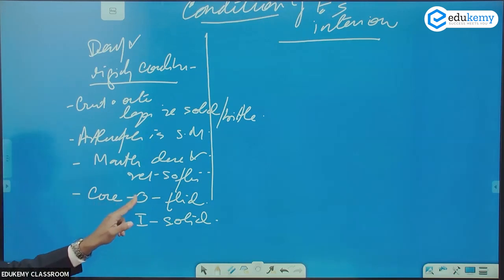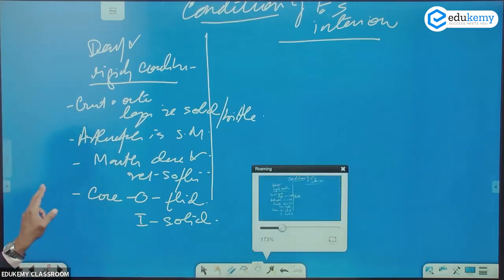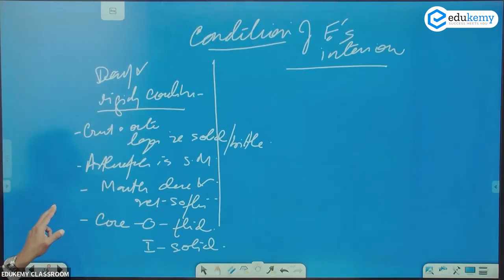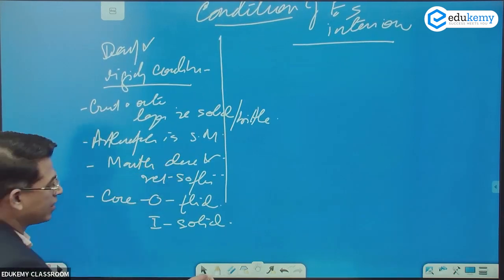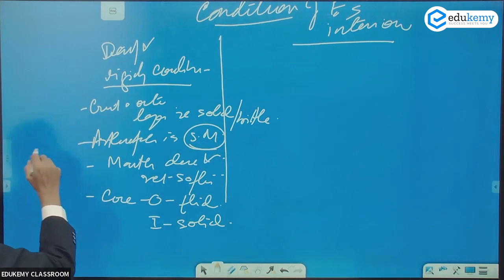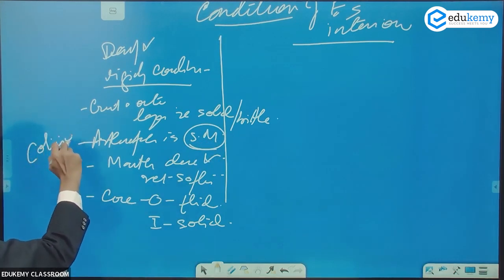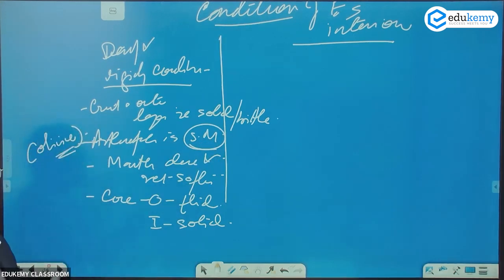And the core, outer jo hai fluid hai, the inner is solid. Likh liya aap logon ne? The conditions of Earth's interiors. The asthenosphere is semi-molten. Why? Because it has olivine. Olivine ka property hai, it is semi-molten.